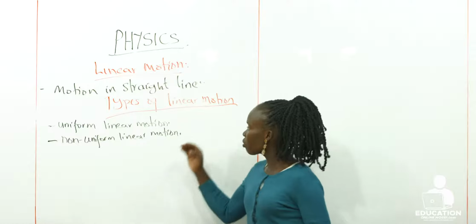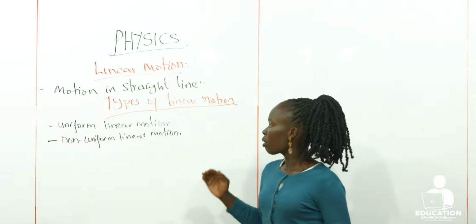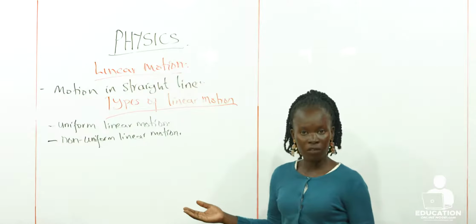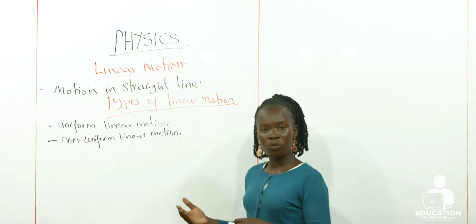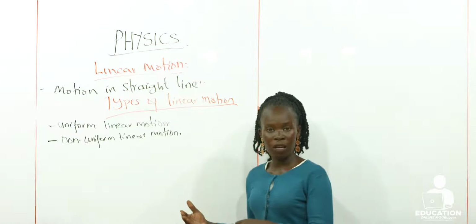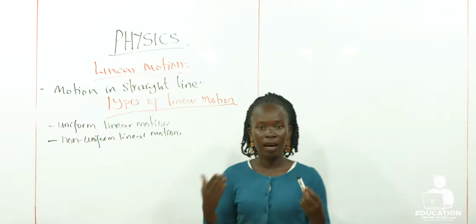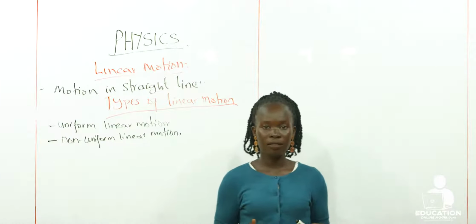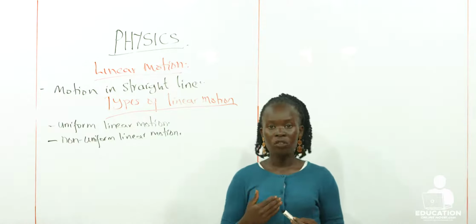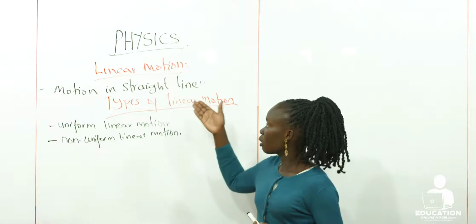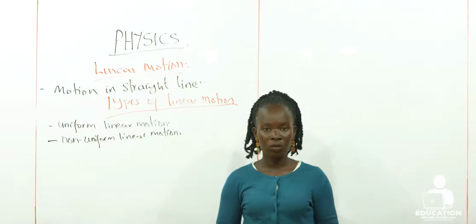So you see that when we come to motion, there are so many terms we use. Someone who has not been introduced to science or physics talks about going slowly, going fast. But when you come to physics, we add more vocabulary, and you end up with things like displacement, distance. We talk about speed, we talk about acceleration. So as we go deep into linear motion, you'll find out that these terms are widely used.